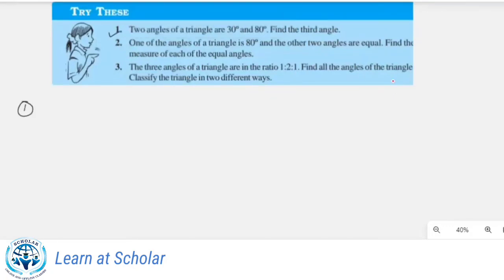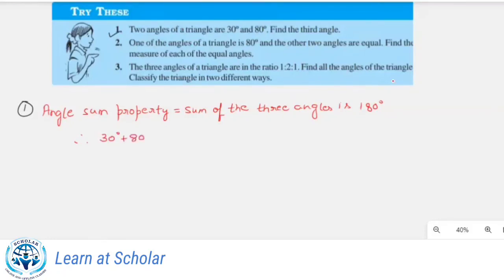Two angles of a triangle are 30 degree and 80 degree. Find the third angle. We can easily find out by angle sum property of the triangle. 30 degree plus 80 degree plus x is equal to 180 degree. So the value of x, that is the unknown angle, can be easily known.